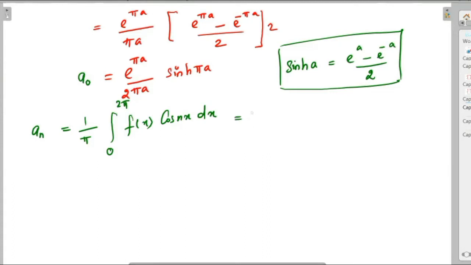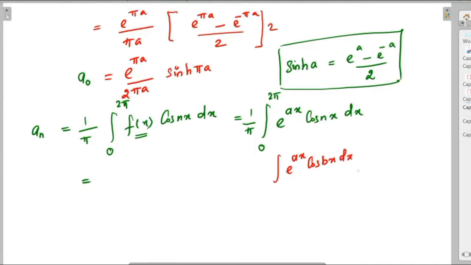So now I am going to apply 0 to 2 pi, f of x is e power ax cos nx dx, which is equal to, before that you must know the formula for integral of e power ax cos bx dx, because here we can't apply Bernoulli formula. To apply Bernoulli formula, among the product of two terms, any one should be algebraic.